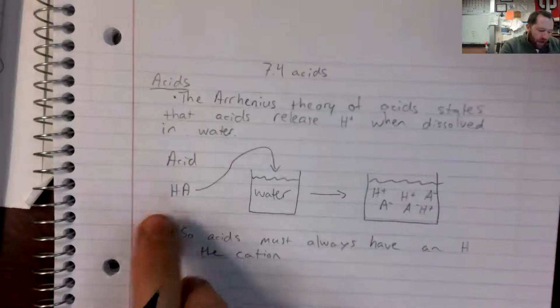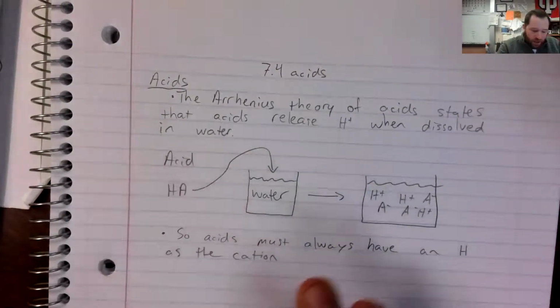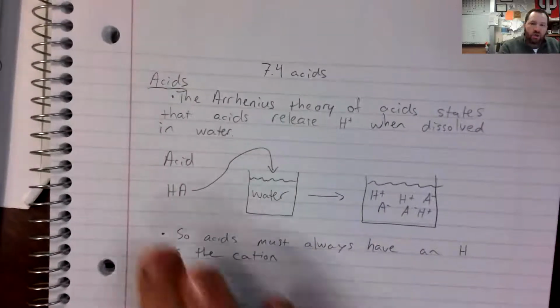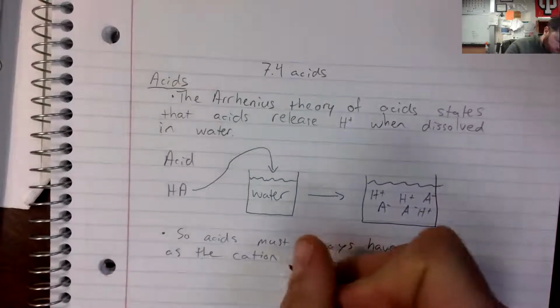Again, if you remember our ionic compounds, we have a cation first and an anion second. Well, in the case of an acid, H is always our cation.